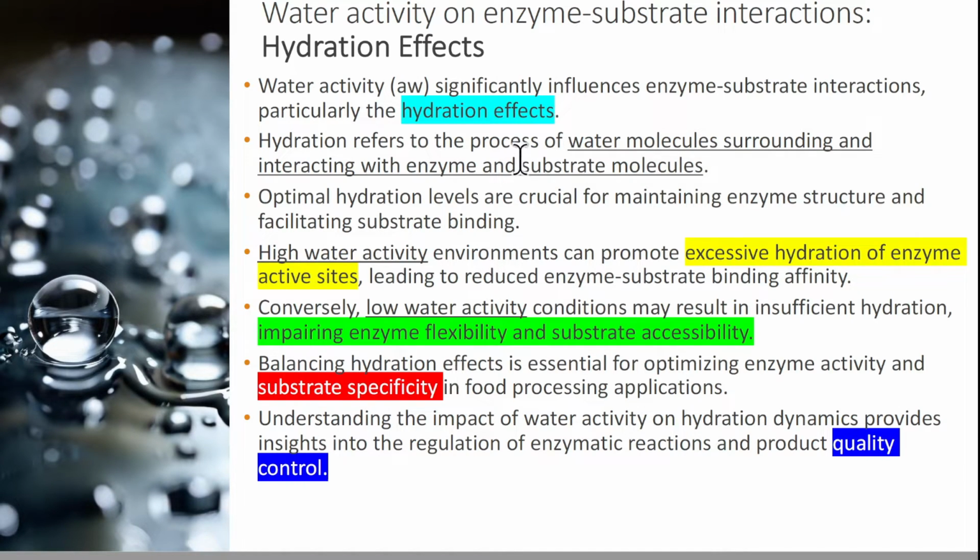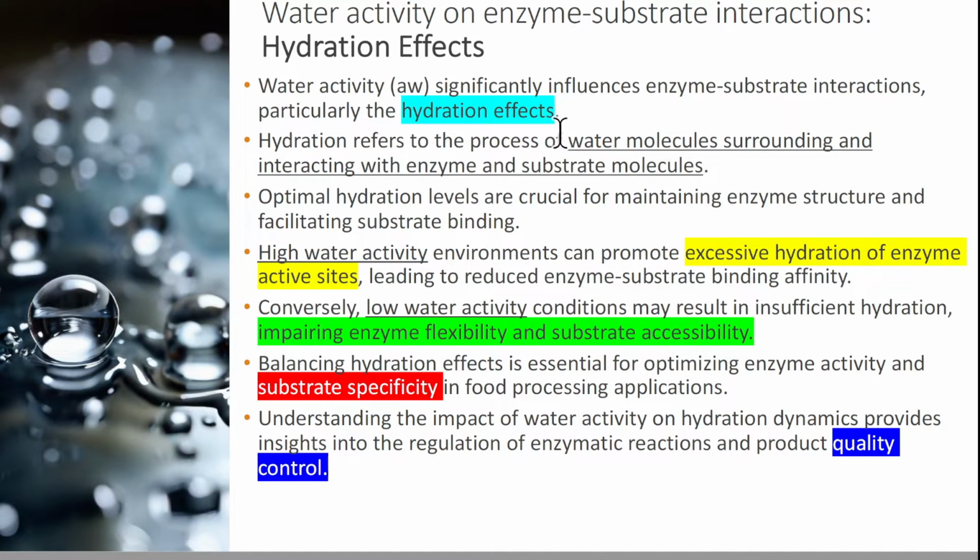So how exactly does water activity influence the enzyme-substrate interaction? Well, number one is due to the hydration effects. Water activity can significantly influence enzyme-substrate interaction, particularly the hydration effect.